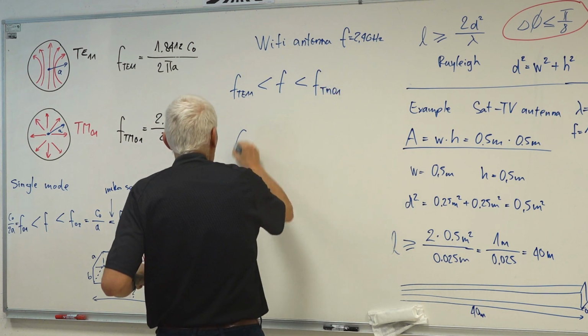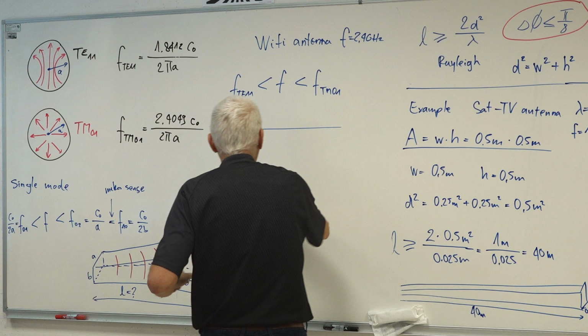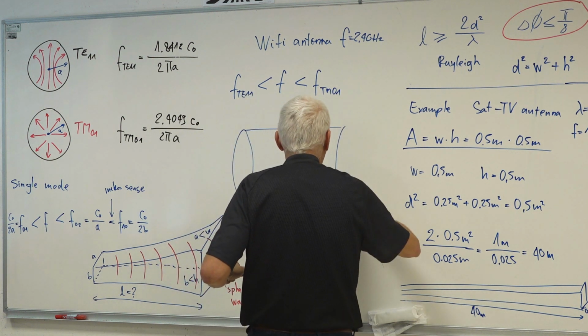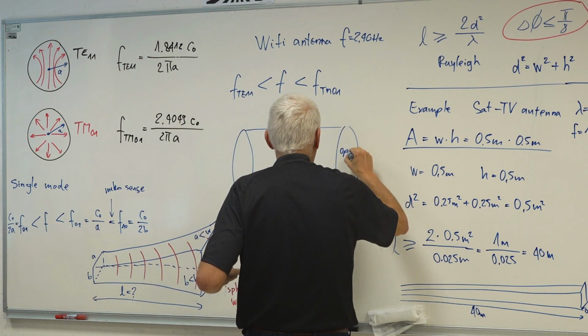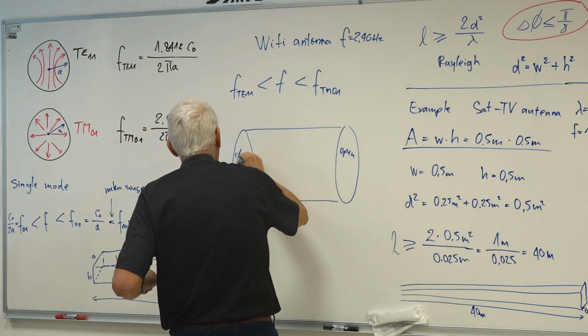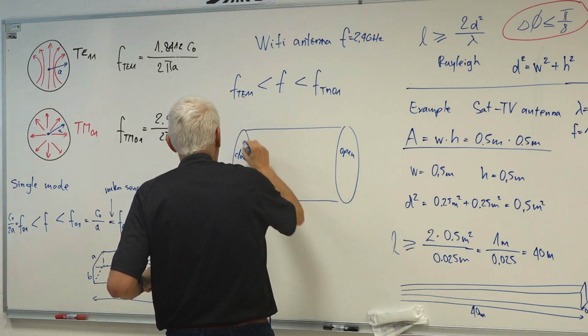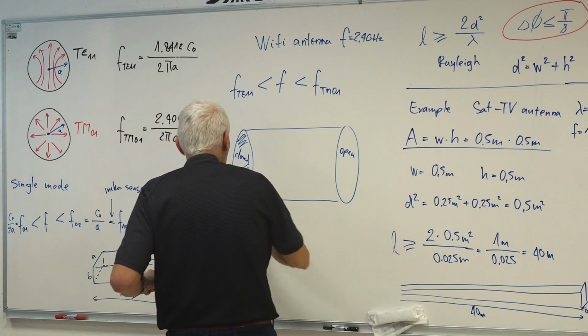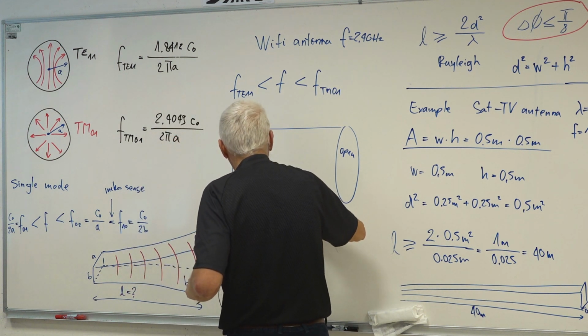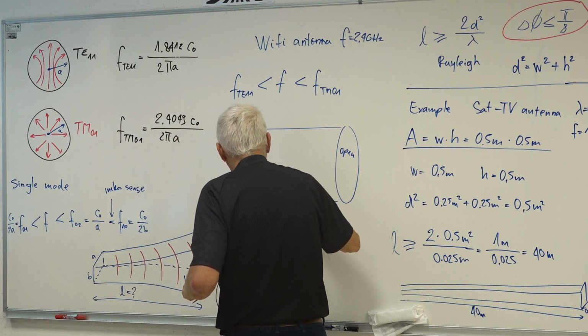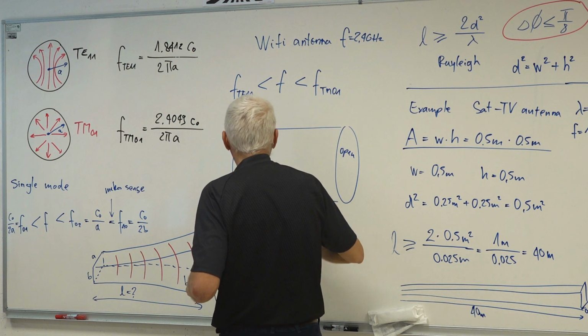How do I build this antenna? I take a coffee can. So here it's open. This is the aperture. This is closed. And I install here my probe to excite the desired modes.